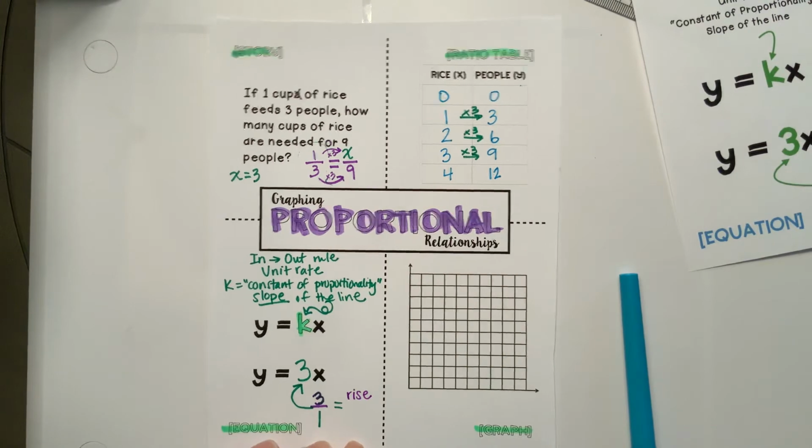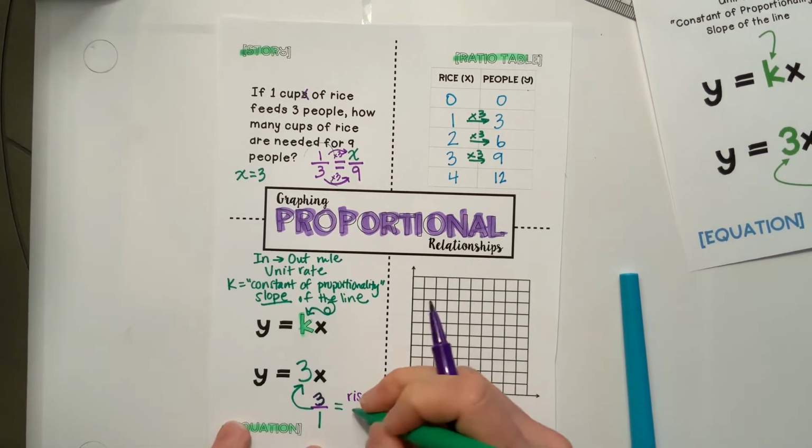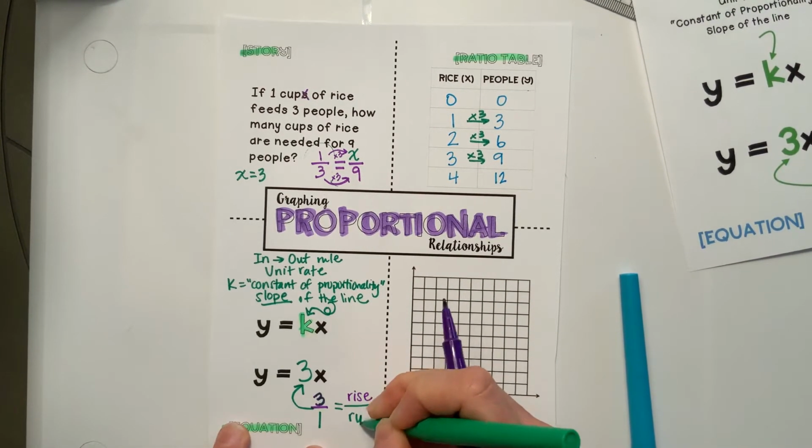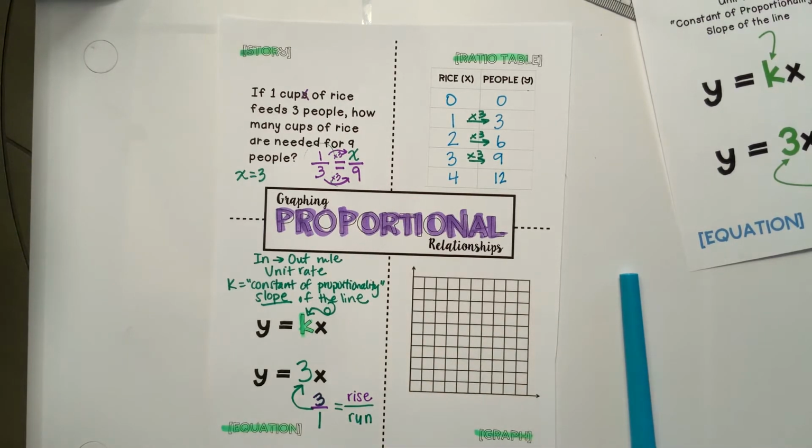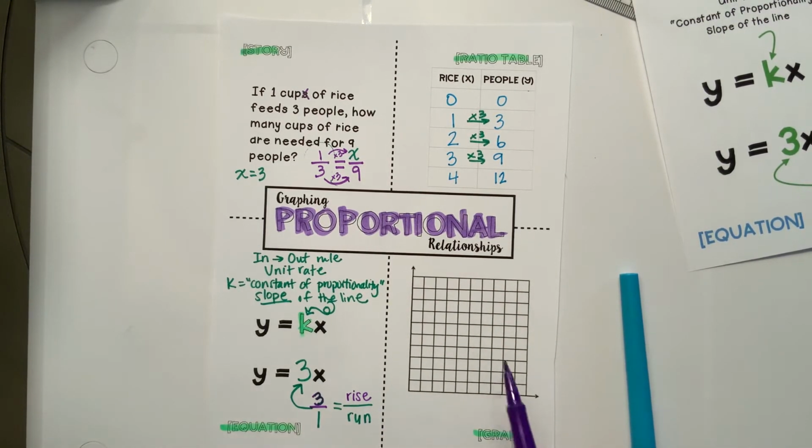This is going to be the line's rise over the run. What these terms mean is going to make sense when we jump over here to the graph. So hold on to that confusion right now. I know you're probably thinking, what on earth is that?